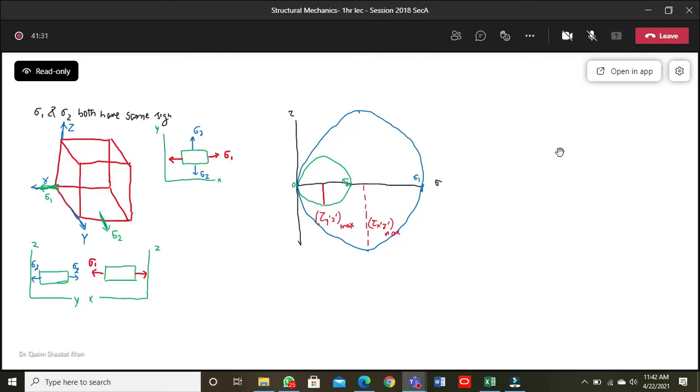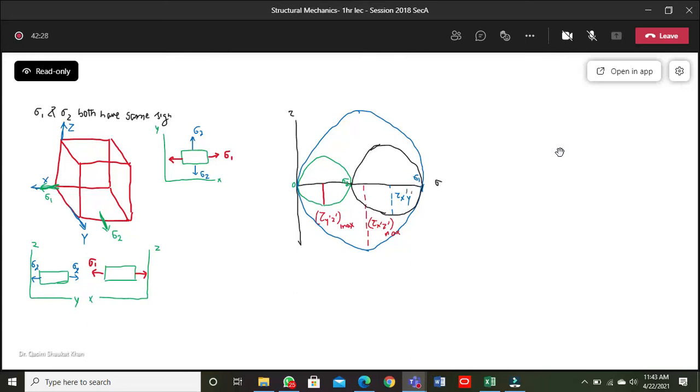So I will simply join sigma 1 and sigma 2. So this one is tau x dash y dash.